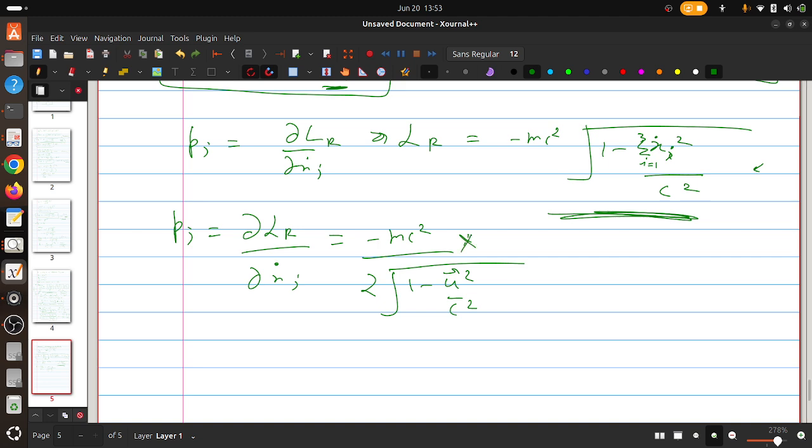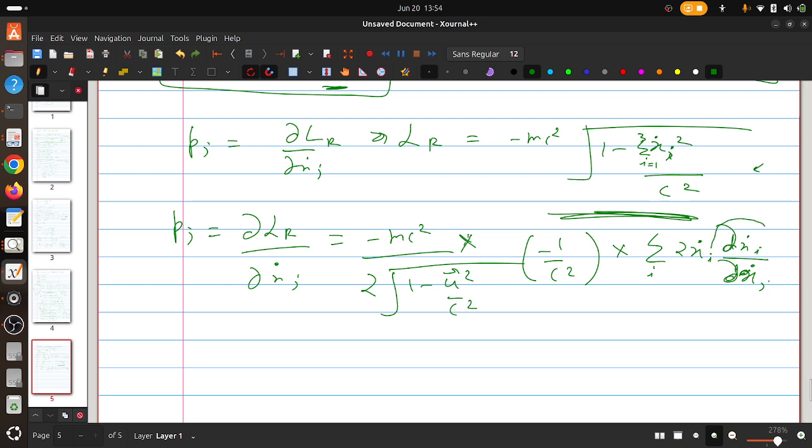This is just the chain rule. So it would be minus 1 upon c² into summation over i, and then you get 2ẋ_i, and then ∂ẋ_i/∂ẋ_j. Sorry, this should be a partial derivative here.